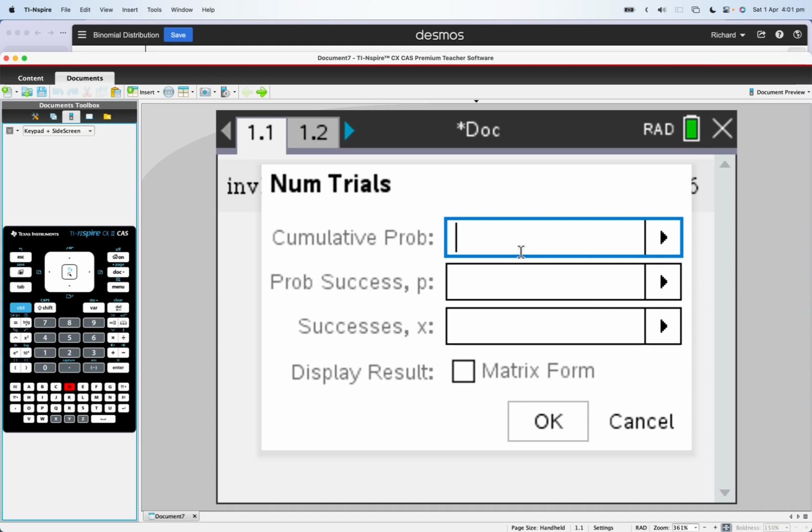Again, we're looking for the left-hand side, so it's 0.01. Probability of success is 0.7, 70%. And the number of successes we're looking for is 49. It is to the left of 50. And because this is a discrete random variable, there's nothing between 49 and 50. So 49.